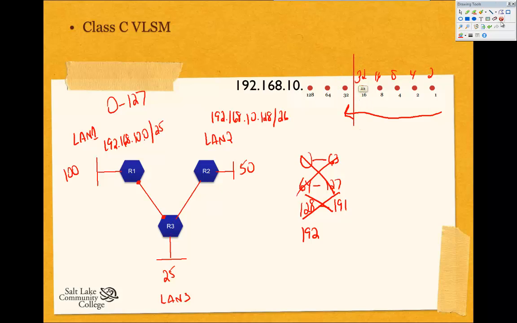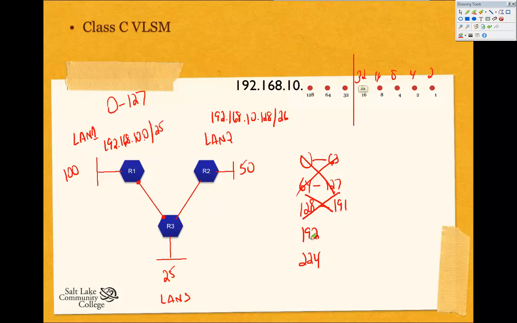I'll get rid of that little arrow because we know that part already. So we know we're going this way. We're going in increments of 32, so we could write it out 0, 32, 64, and we would go all the way down to 192. So from here, we just add 32 to 192, and we end up at 224.